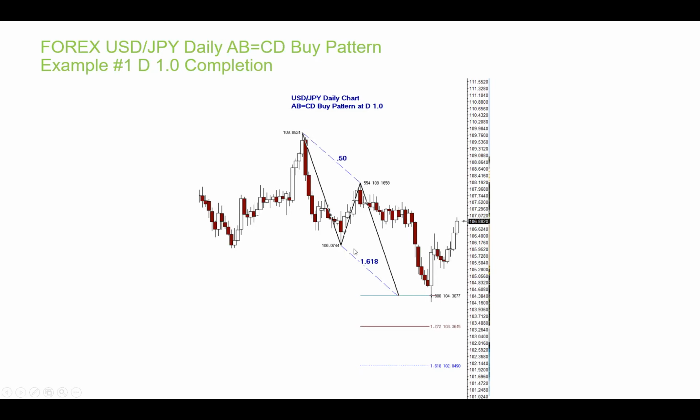Right here, we have a 1.618 extension of that BC leg. We know we've got a couple ratios coming in here. There's probably quite a bit more in the price history that we can line up with our technical analysis skills to also help us with this area. And you can see the market turned and rallied from there.